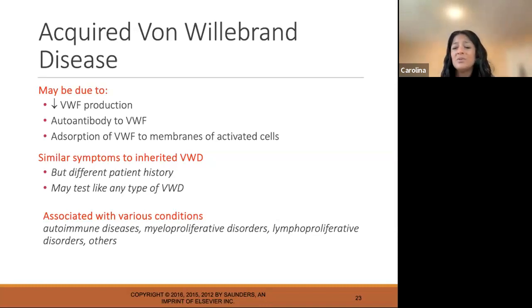Or, which is not very common, you may also see a specific von Willebrand factor autoantibody, okay? So these are acquired conditions that may come from other disorders and resemble von Willebrand's disease, but it's not quite von Willebrand's disease, because von Willebrand's disease is inherited, it's congenital. This is an acquired von Willebrand's disease, all right?